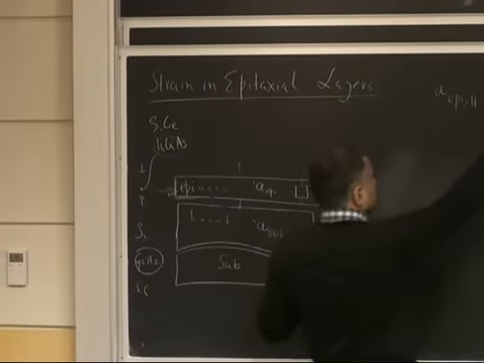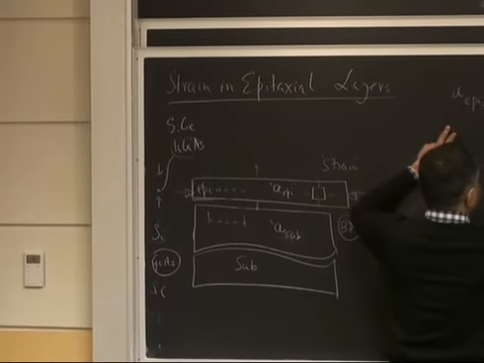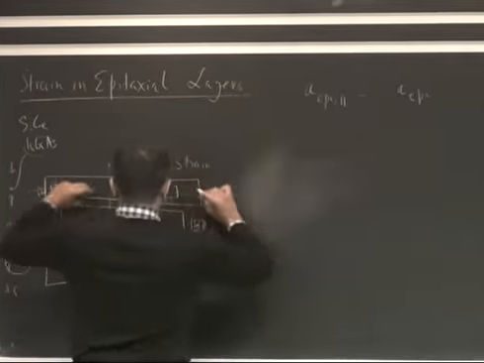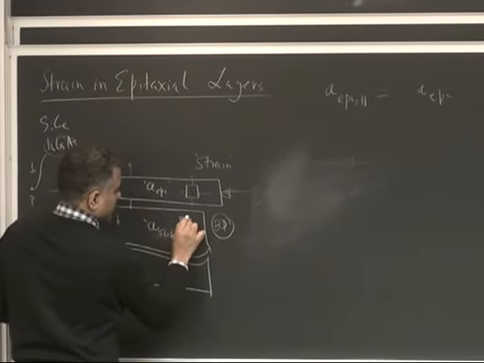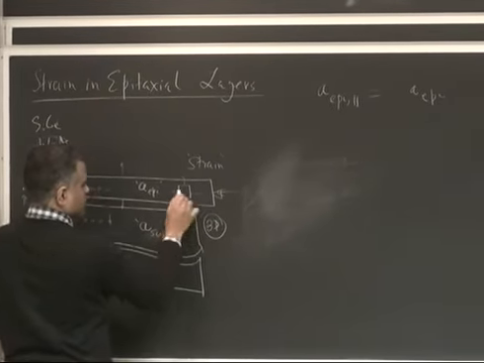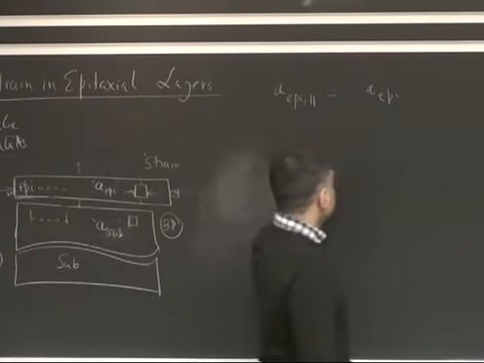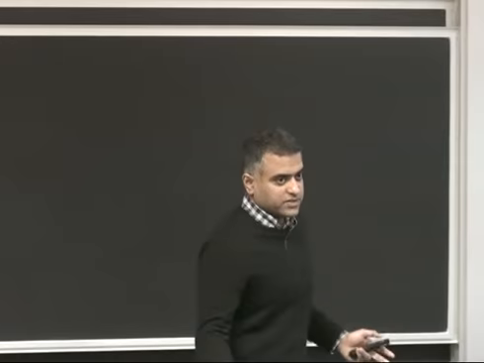In that case, the in-plane lattice constant of the epi has become exactly equal to that of the substrate, right? So right away that says that in that case your epitaxial layer is strained.